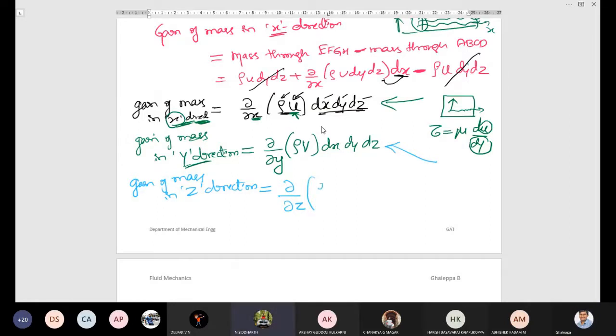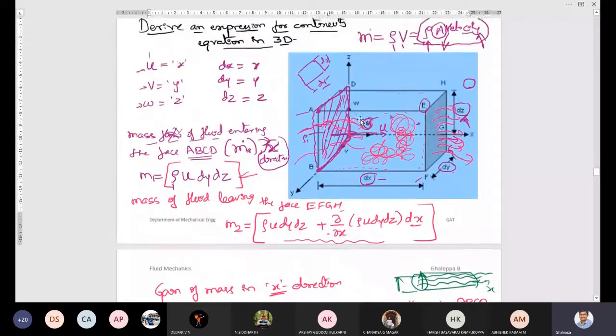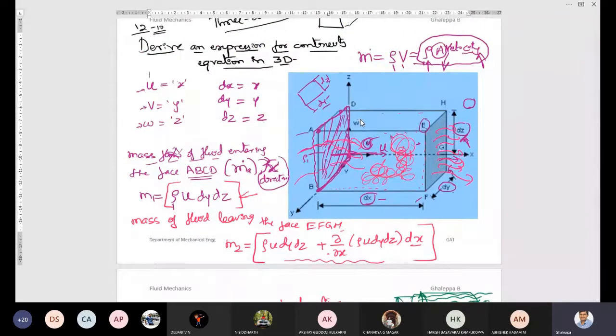Look at this equation and tell me what the changes are. This equation is for x. This is for y. Now I need it for z. What is the velocity in z direction? I will go back to the previous page. What is the velocity in z direction?